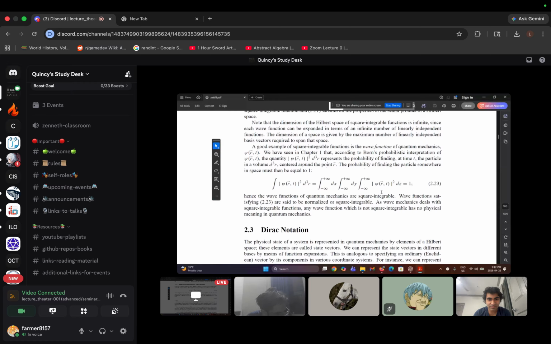2.23. I think one point to make is that you see this square integral a lot in signal processing and quantum mechanics. For Fourier series, you're going to see it a lot too if you take it in the future.